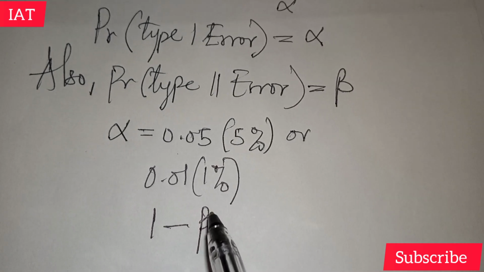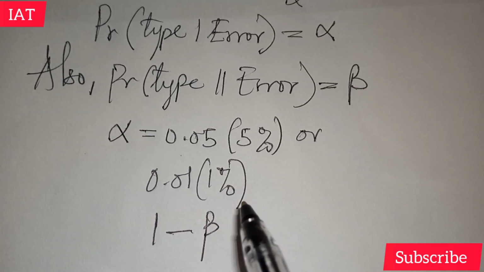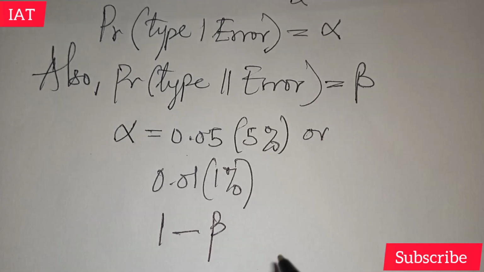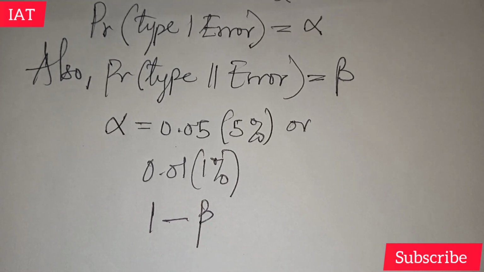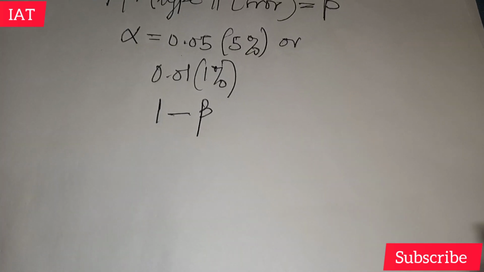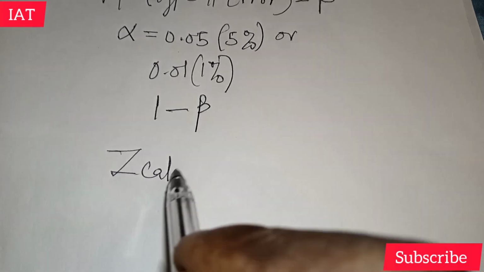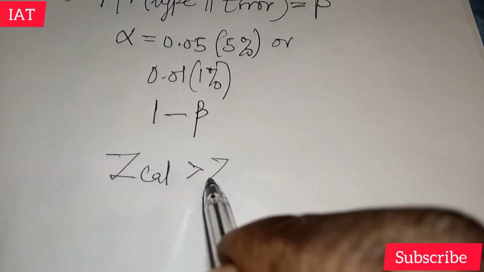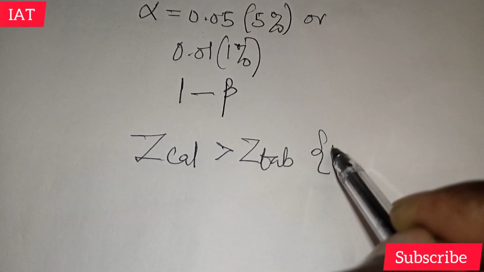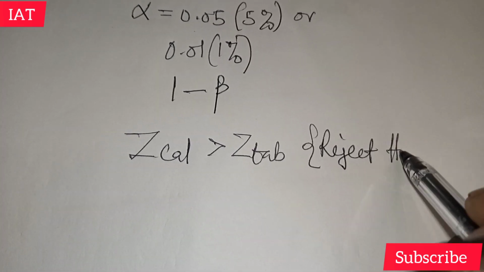So this is where I want to drop the pen and hope to have you in the next video, where I'll be solving problems using the necessary properties we've introduced. But before then, keep in mind that when the calculated value is greater than the tabulated value, what we need to do is to reject the null hypothesis.